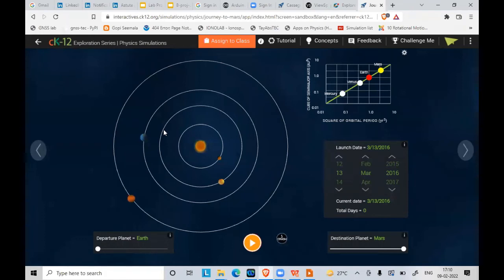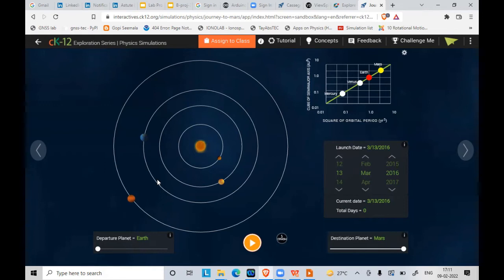Can anyone comment? The Earth and Mars are relatively closer. Relatively closer, yes. This is a situation where you have the Earth, on one side of which there is the Sun and on the other there is Mars.